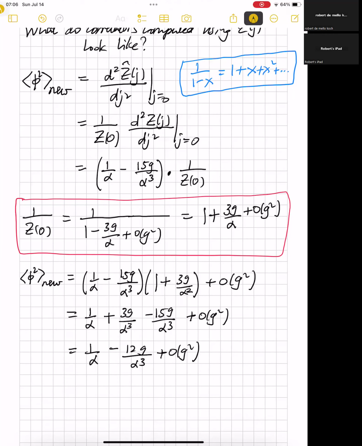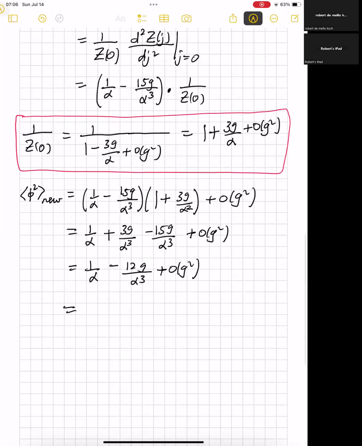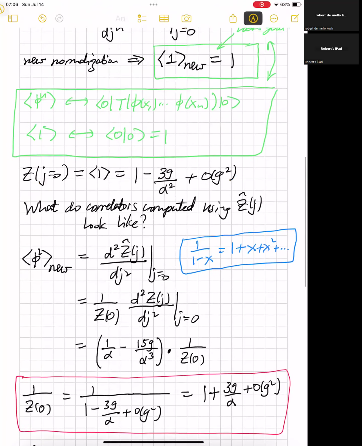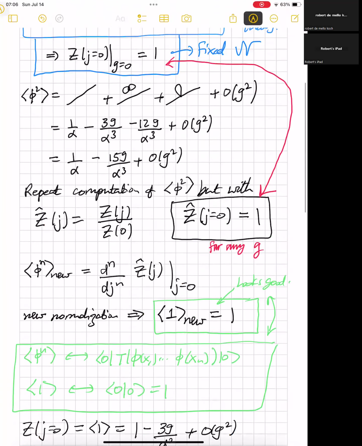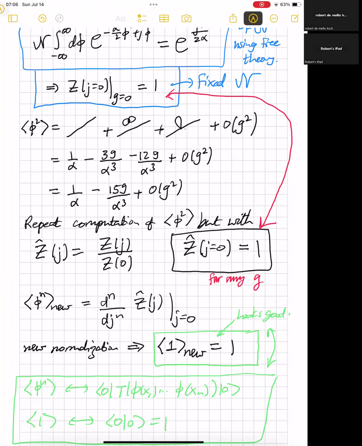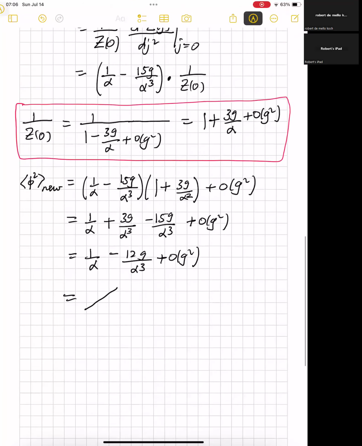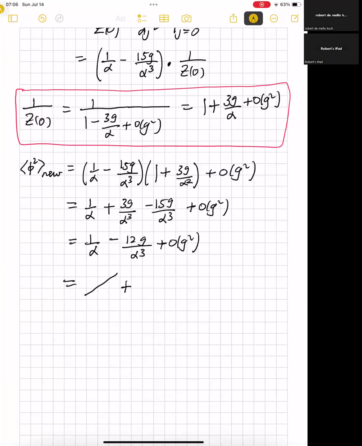Now, this is a really interesting result. And the reason why it's interesting is this answer that we've got with the new normalization still has a nice diagrammatic interpretation. You remember that 1 over alpha is just the line, but what is this minus 12g over alpha cubed? Well, minus 12g over alpha cubed is also a diagram. It's that diagram sitting over there. So it is plus that, and then plus order g squared.